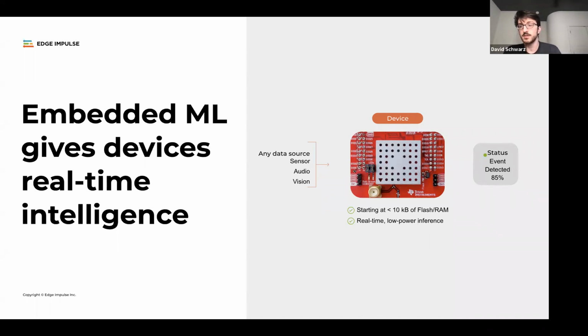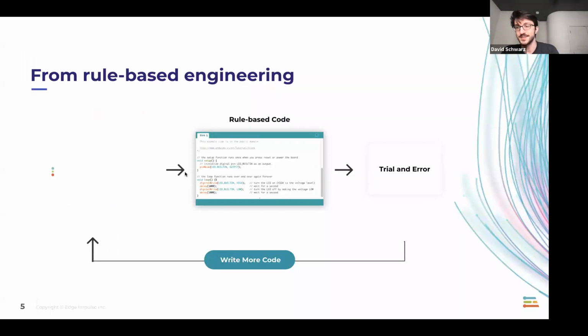But the main thing we do is that by running an ML algorithm on the edge device, you're able to have that device, using its local processing, detect and notify you only of important events, only of things that you care about. And this is made possible by a shift from rules-based engineering.